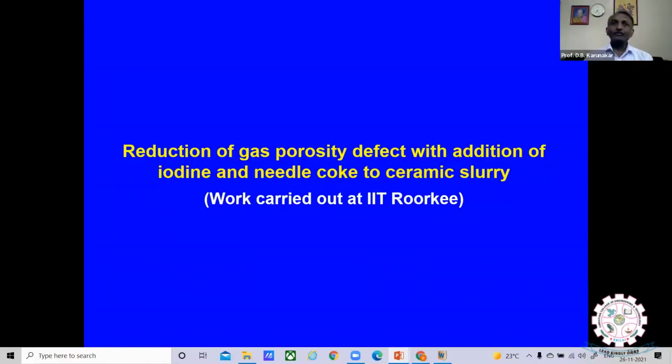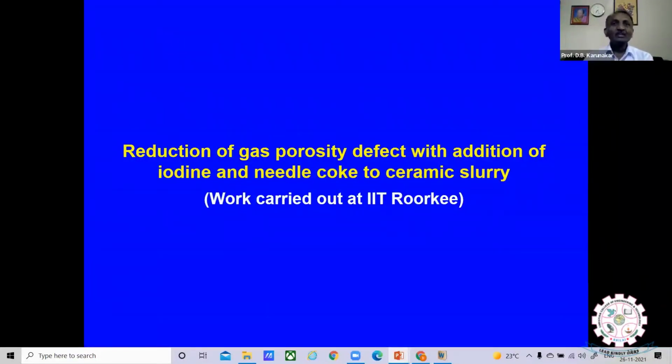So we came up with an idea, and we have even filed a patent for this. Now, we have already seen that in the ceramic shell, there will be two regions. The first region is created by the primary slurry. Its thickness will be 1 millimeter. The second region will be made by the secondary slurry, and its thickness will be 7 to 8 millimeters.